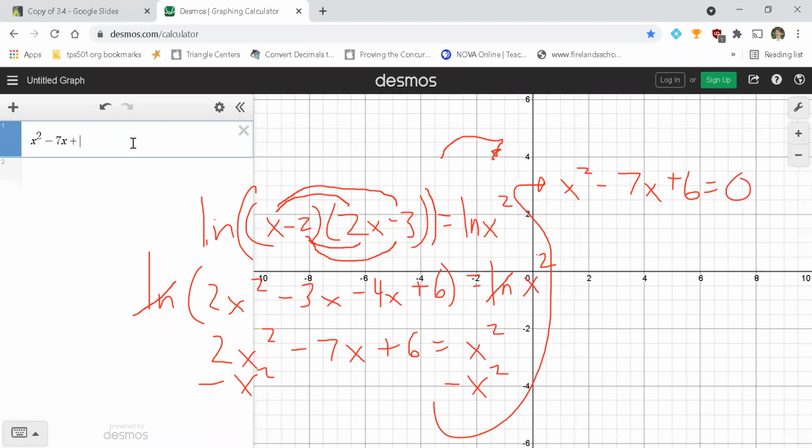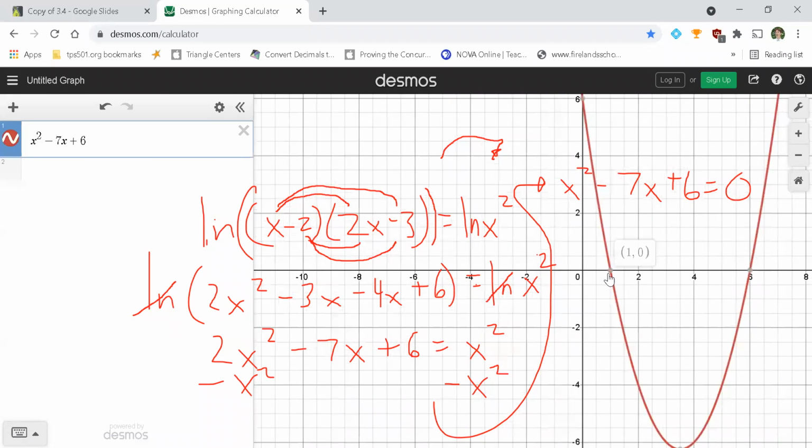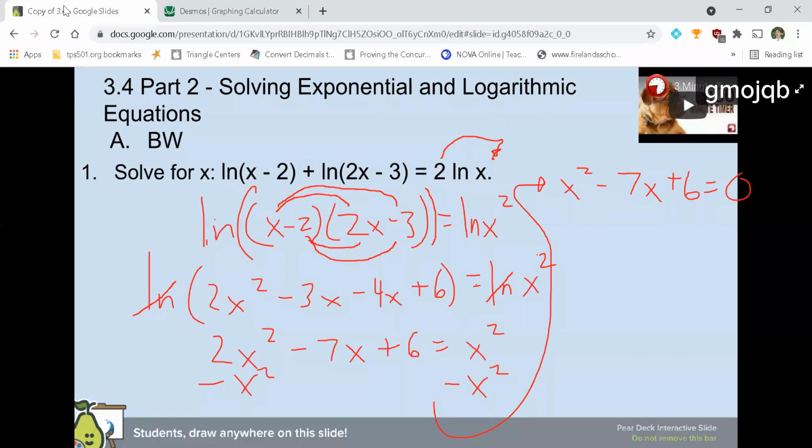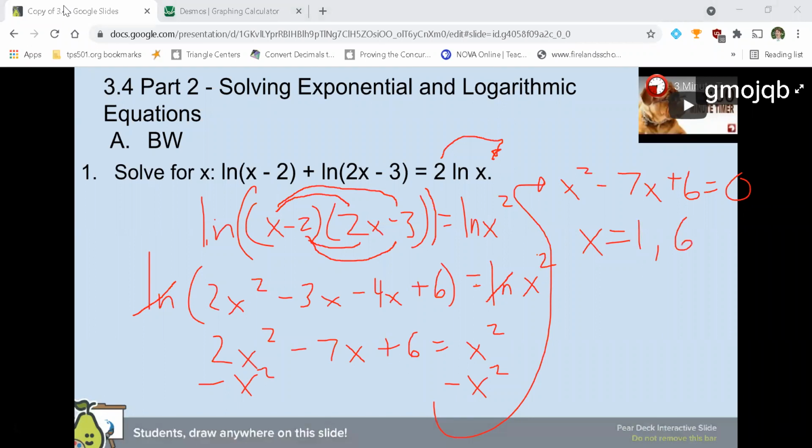If we graph it, this is what the graph looks like. And you can see that it has zeros at 1 and 6. This is the most important part, or at least that'll cause confusion on the quiz and the test.